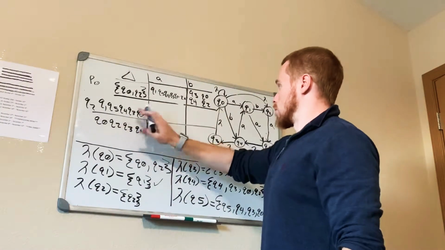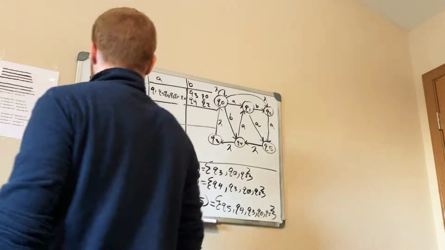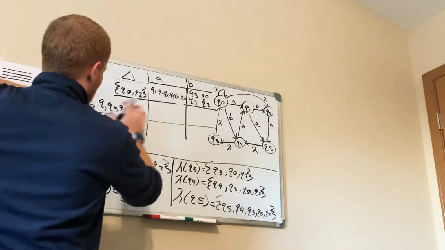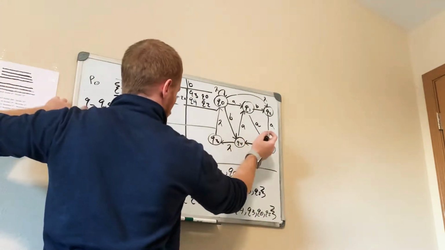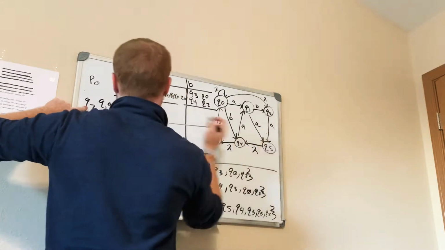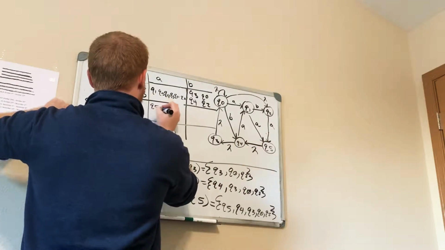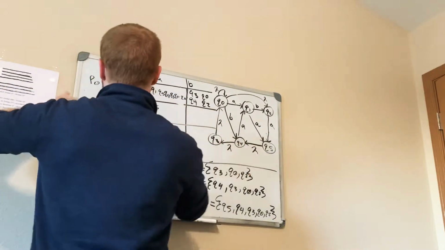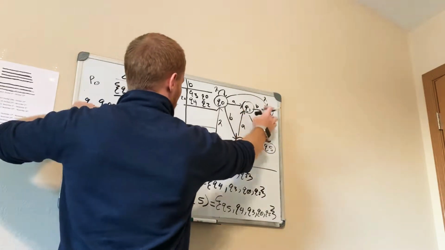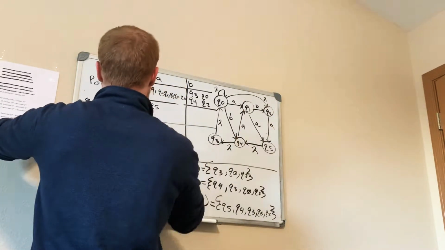Okay, so now let's go over here. With Q2 input A, I can go to Q5. Q1 input A, I can go to Q5.